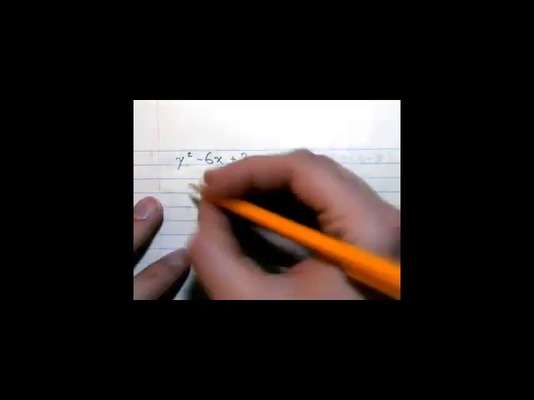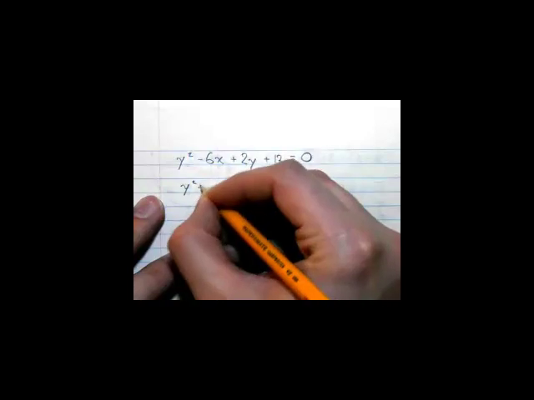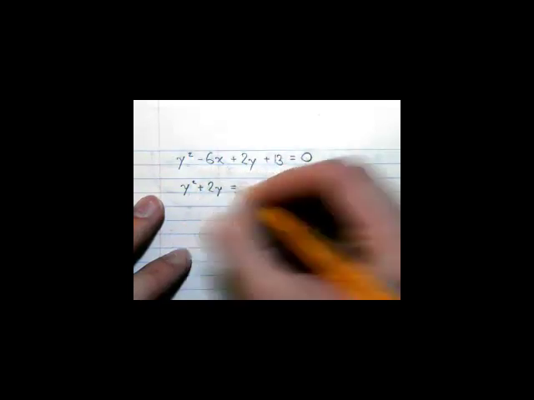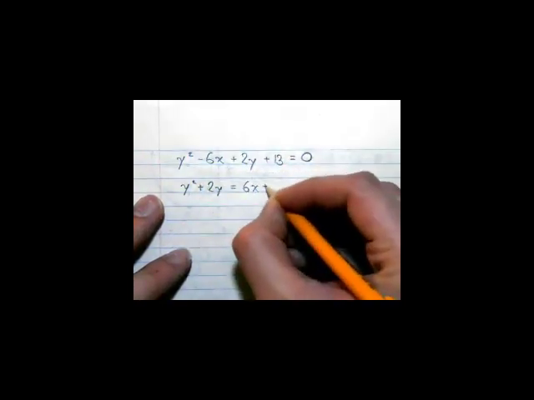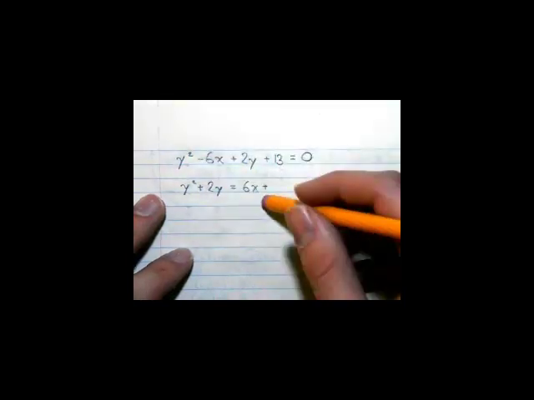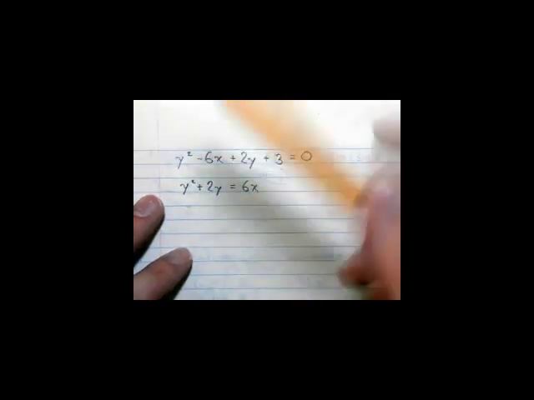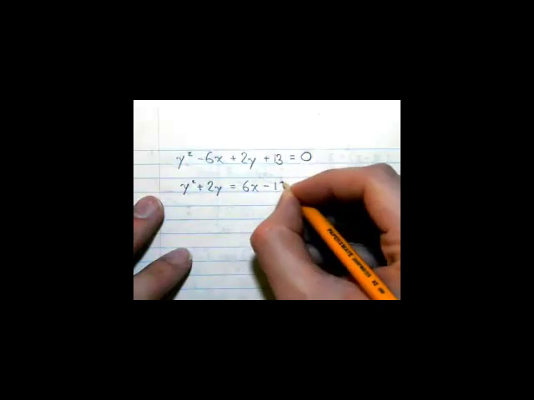Okay? So, first things first, I want to get all my y's on one side, all my x's on the other. Okay? So that's going to be my first order of business here. I guess that would be a minus 13. It tends to be easier if you put it on the side that doesn't have the squared term.